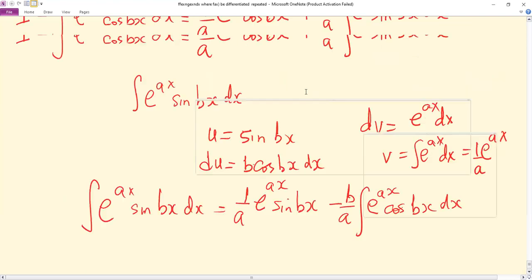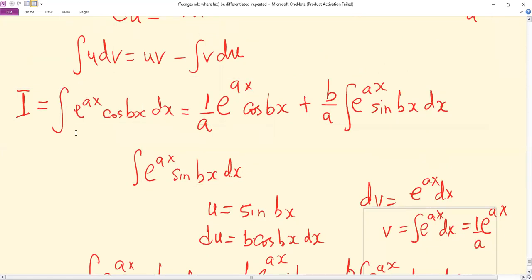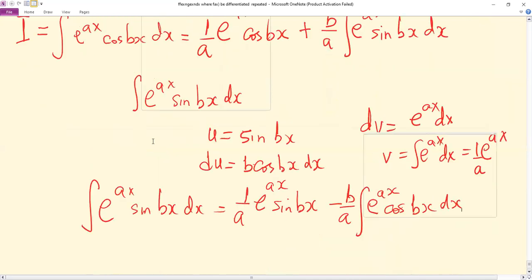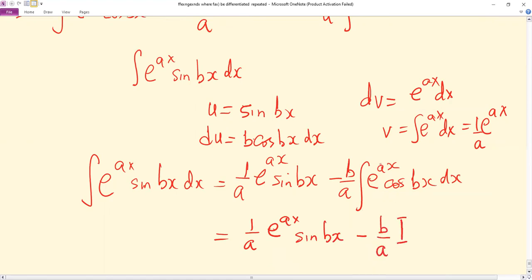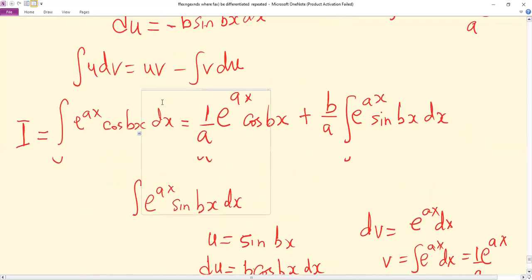But you see, from where we're coming from, this is the same as just I. So the integral of e raised power ax sine bx dx is 1 over a e raised power ax sine of bx minus b over a times I, because this integral is called I from the starting point.